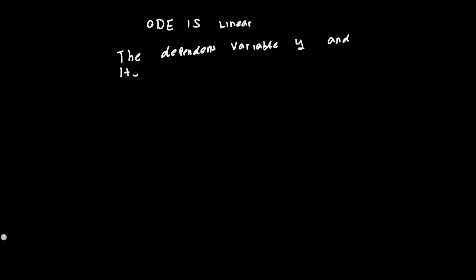So the next thing we're going to talk about is linearity, and this is crucial. Let's say if an ODE is linear, then we have to have the dependent variable y and its derivatives appear to the first power.